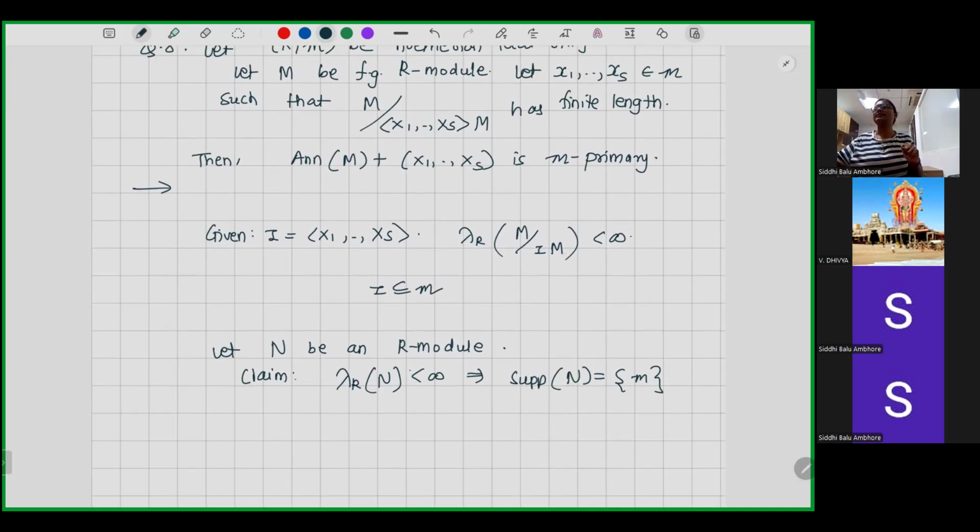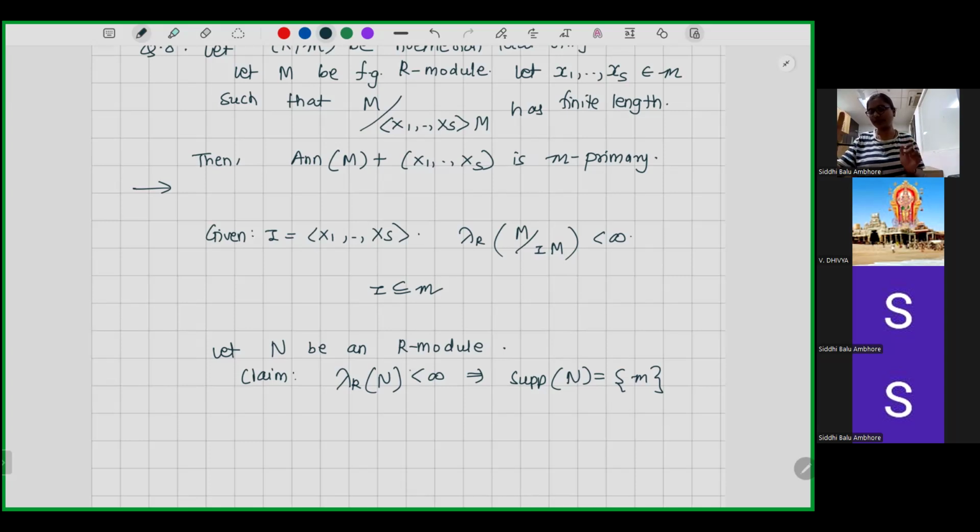And we proved earlier that, for a system of parameters, if I is generated by a system of parameters, then the radical of I will be in M. The radical of those elements is contained inside M, and so on.